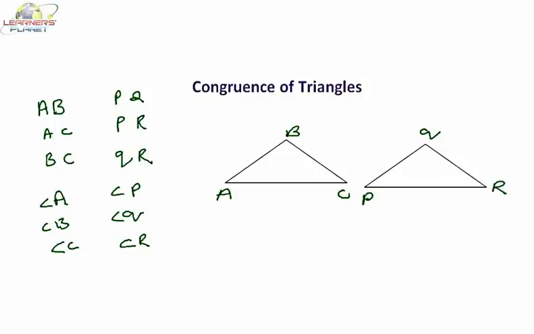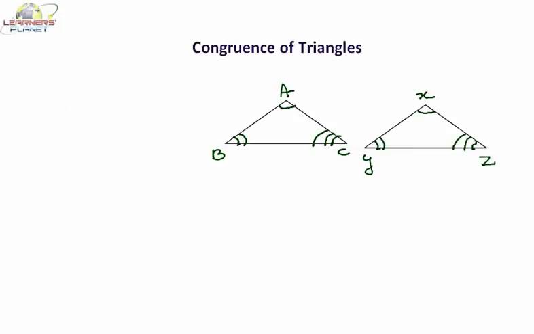So to prove that these two triangles are congruent to each other, we need to establish these six conditions. And we can also find out, by cutting the paper on these shapes and putting one shape on the other, that triangle PQR can be superposed on triangle ABC. So these two triangles are congruent.